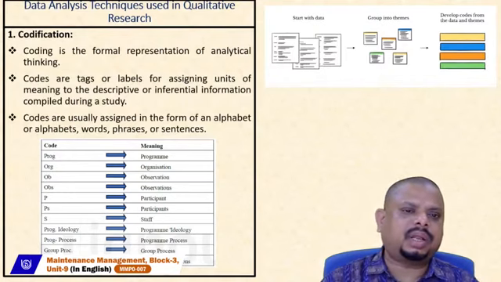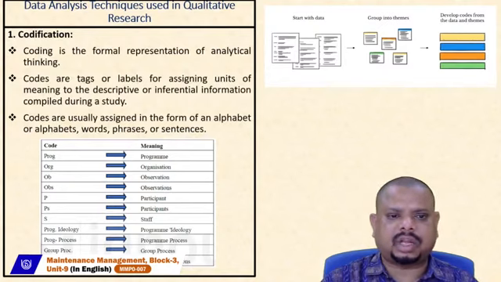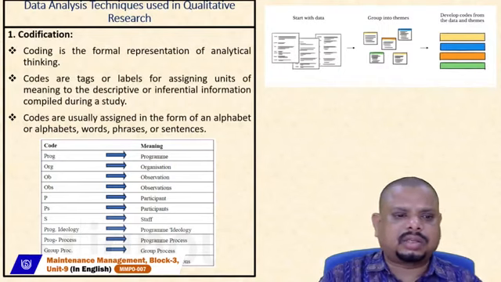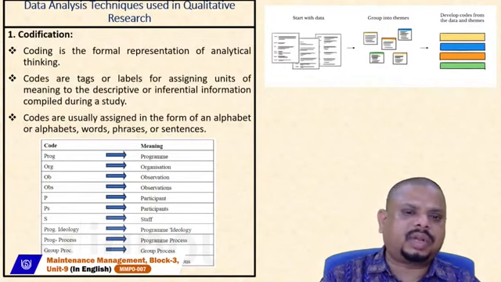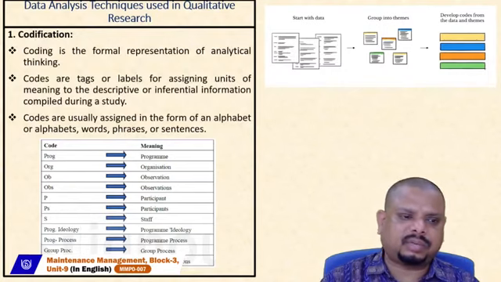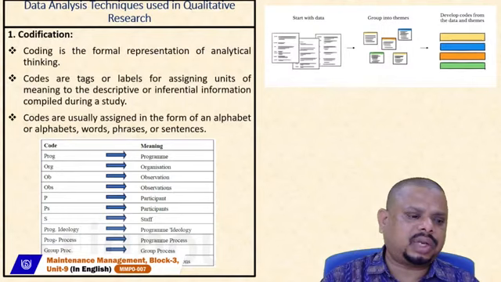Coding is a formal representation of analytical thinking, and codes are the tags or labels for assigning units of meaning to descriptive and inferential information compiled during the study. Codes are usually assigned in the form of alphabets, a word, phrase, or sentence.